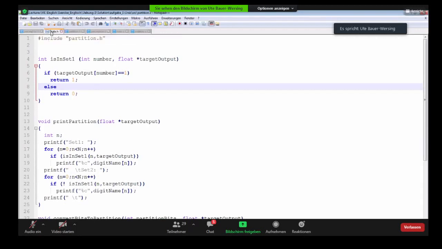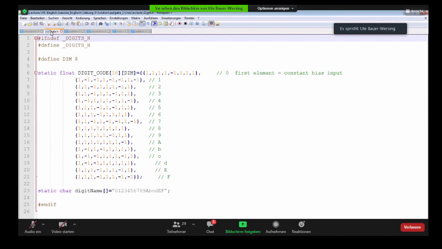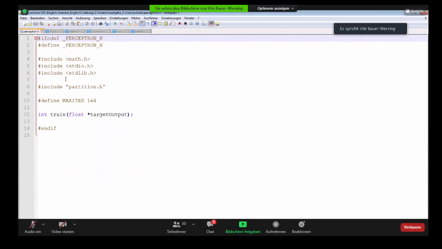What you received was this header file with the encoding of the digits, and we talked about it already. The first thing you had to do was to implement the perceptron. I implemented it basically just using a train method.